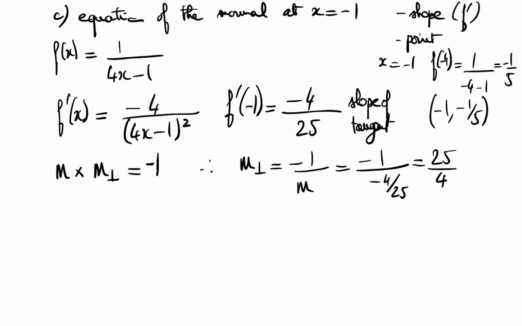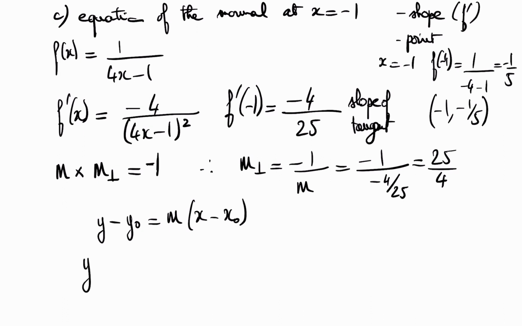And so now we use the gradient-point formula to find the equation of the normal. Again, I'm going to rewrite it: y minus y0 is equal to m times (x minus x0).